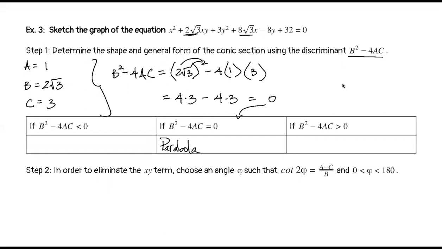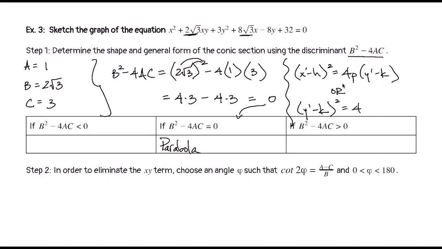Now what that means then, if we want to think about the form that our equation should have at the end, we should have an x prime minus h squared equals 4p times y prime minus k. So that would be if we end up with an up and down one, or we might end up with a side to side one, and then that would be our general form, okay?